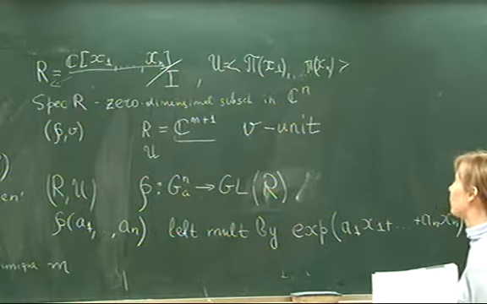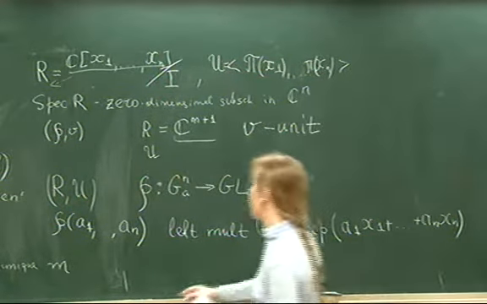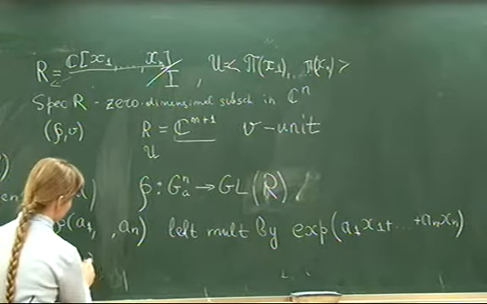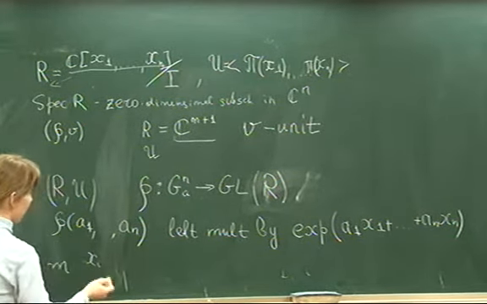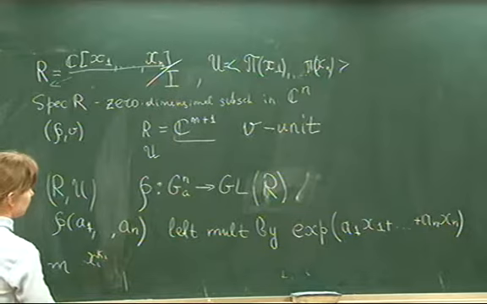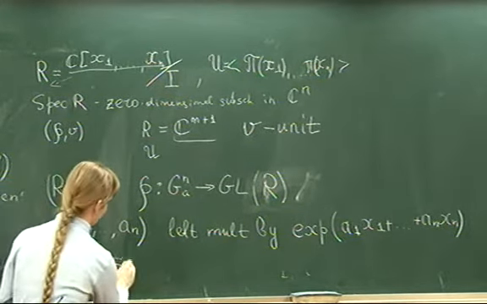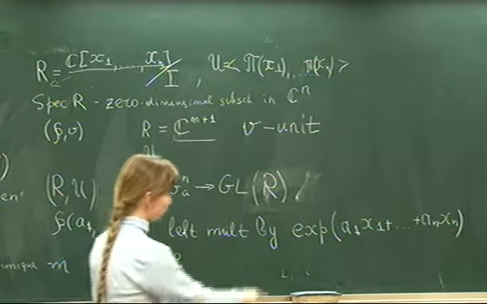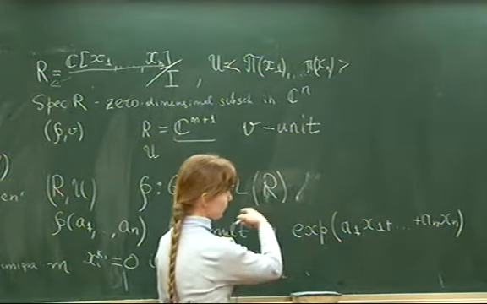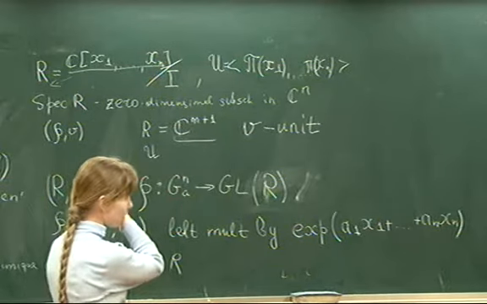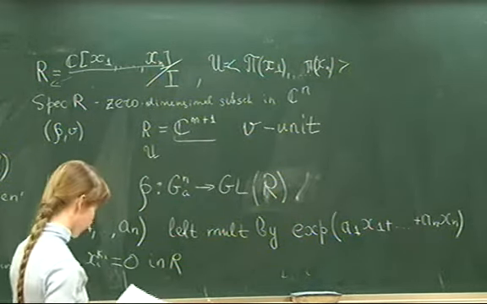In this case, since the algebra R is supported at the origin, any generator x eta to some power k eta is 0 in R, which means that the exponent, if it is written as a row, is well defined. So there is a finite number of summands.